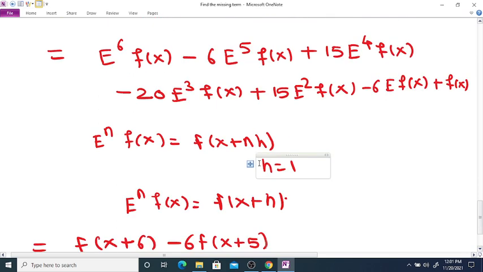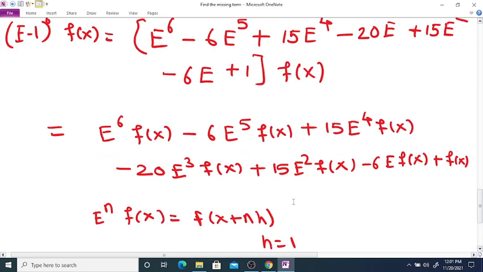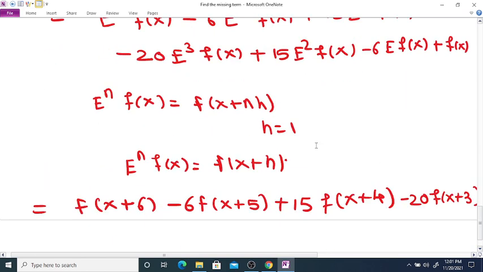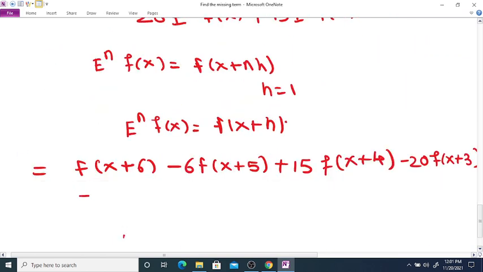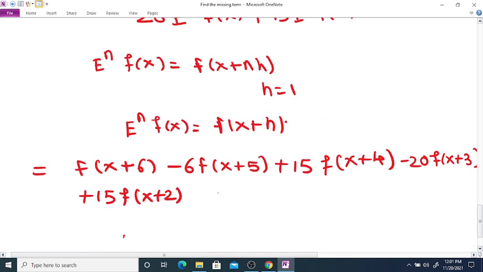Next, plus 15 f of x plus 4, minus 20 f of x plus 3, plus 15 f of x plus 2, then minus 6 f of x plus 1, plus f of x.